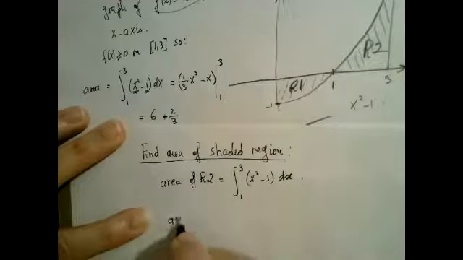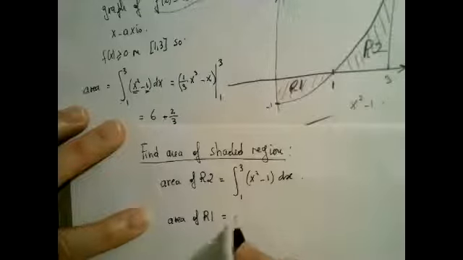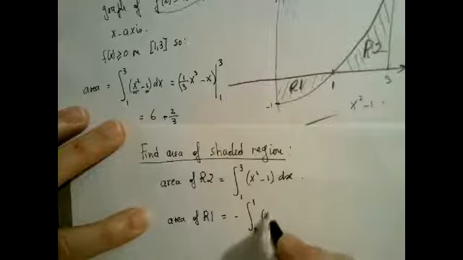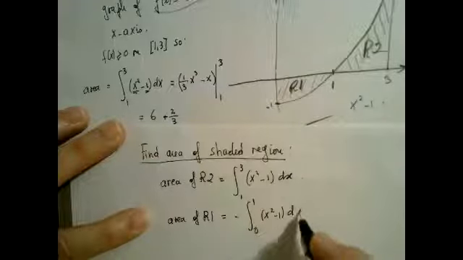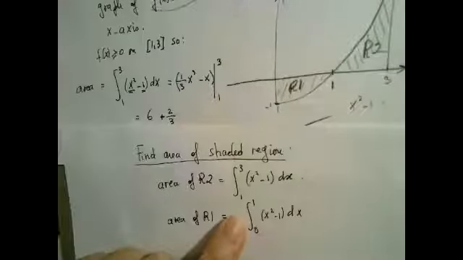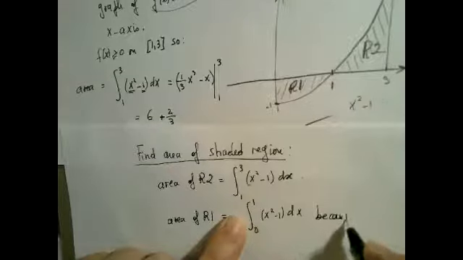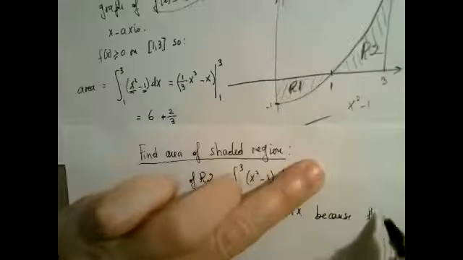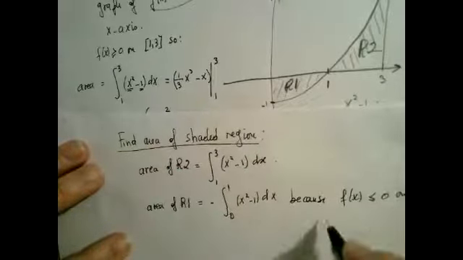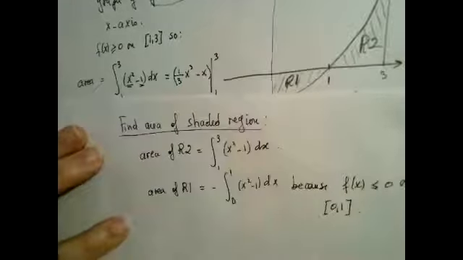However, the area of R1 is going to be minus the integral from 0 to 1 of x squared minus 1 dx. The reason it's minus is that the integral gives me minus the area, since f of x is negative on the interval from 0 to 1.